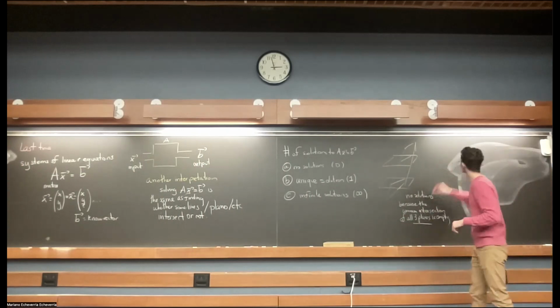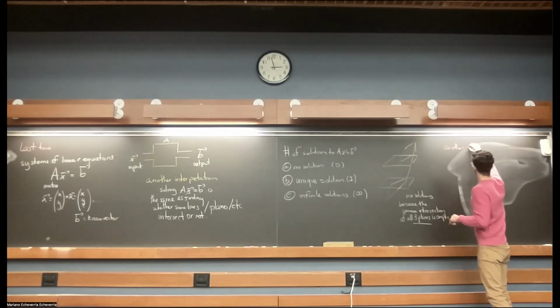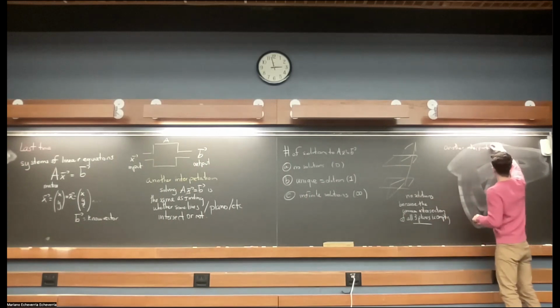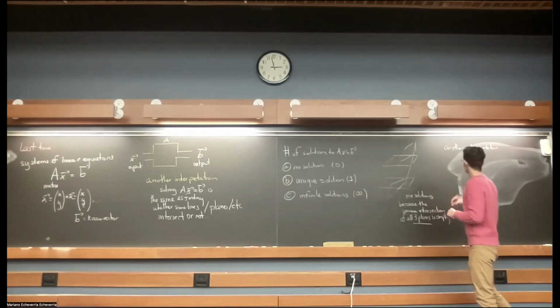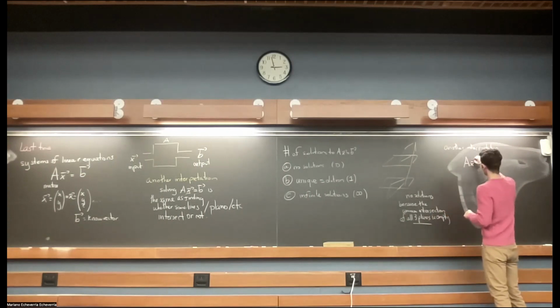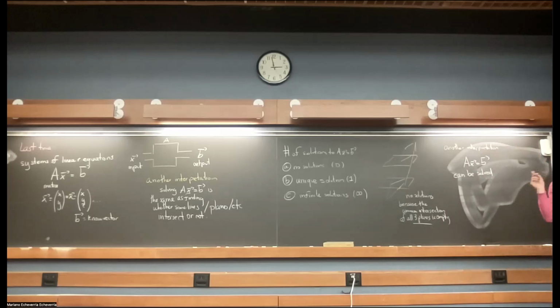Here's another interpretation: this system can be solved if you can write the vector B as a combination of the columns of the matrix A. If you remember, that's the last thing that I wrote last time.